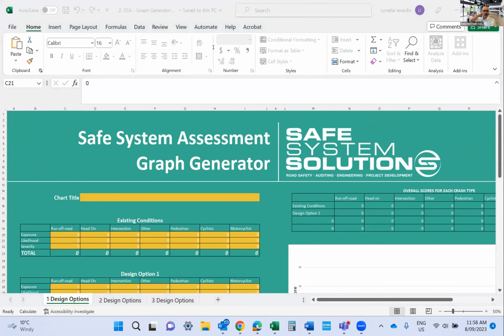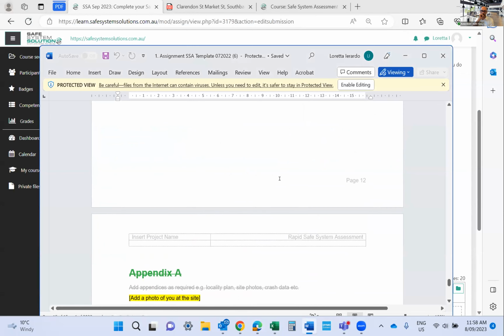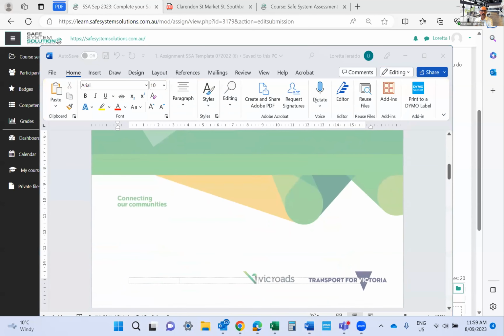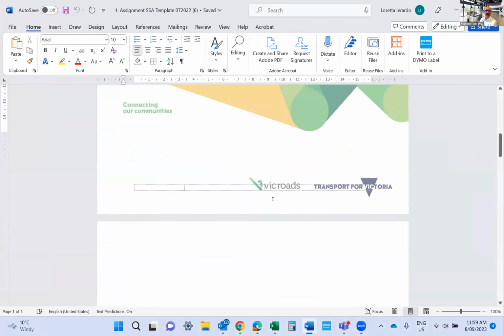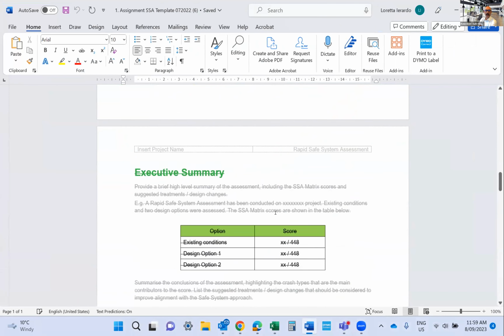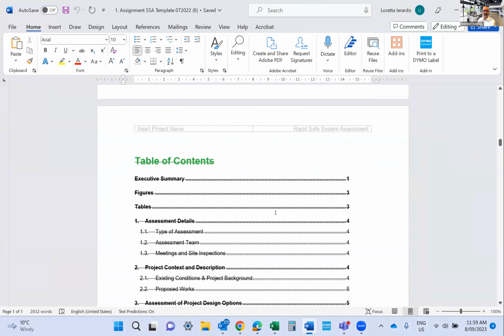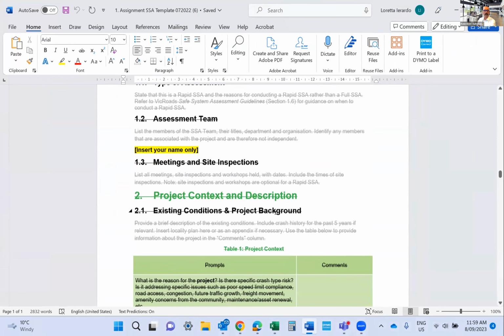If we go back to the Word document again, and maybe scroll up to the top there. We've got rid of the exec summary because we don't want wasting time on that sort of stuff.